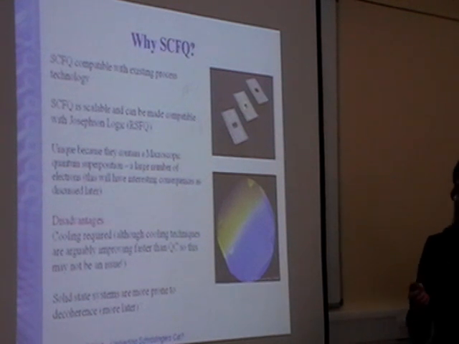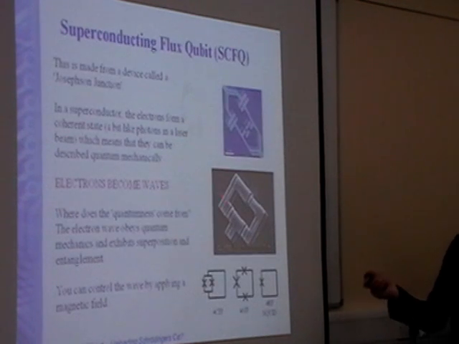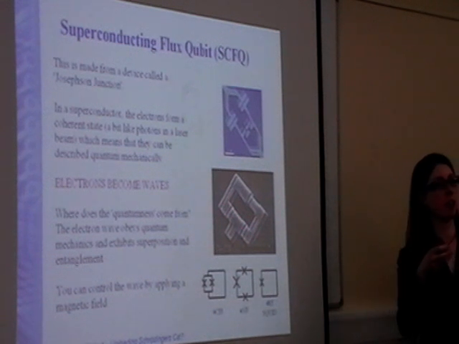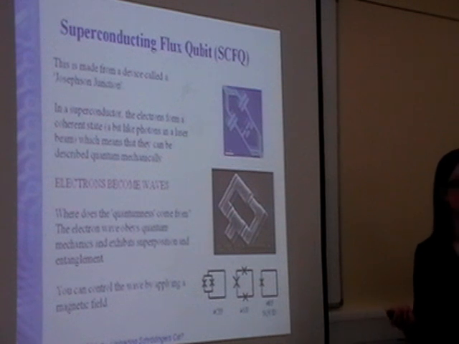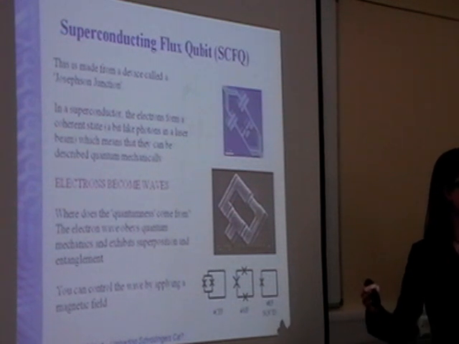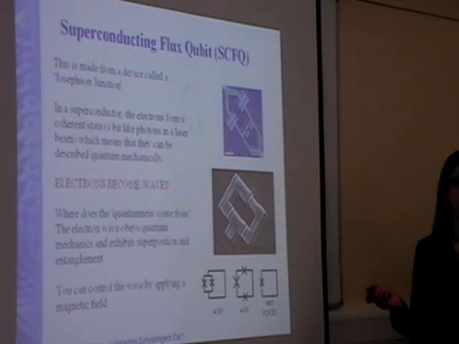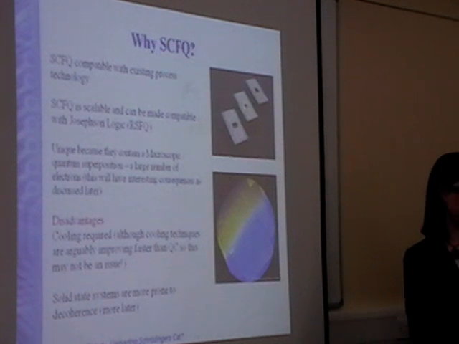In this case, you've got this huge loop of material. This is huge compared to the scale of an atom, and the whole thing is in a quantum superposition at the same time. So you can kind of see why I might think this is important. If you're trying to scale up quantum systems to larger and larger sizes, then something like this is quite a good candidate for starting to build large-scale quantum systems.